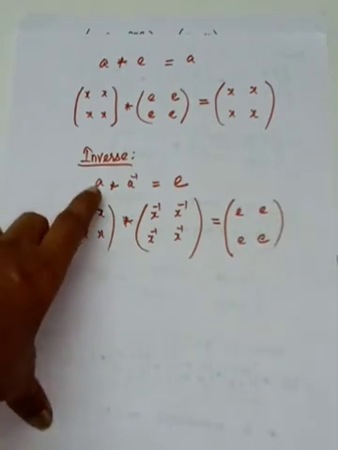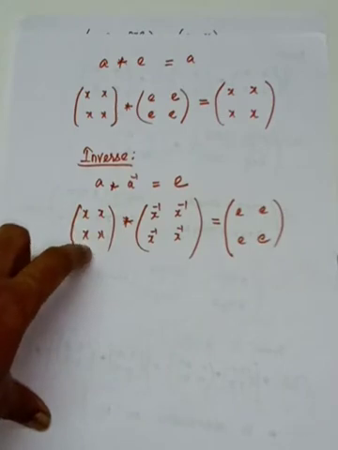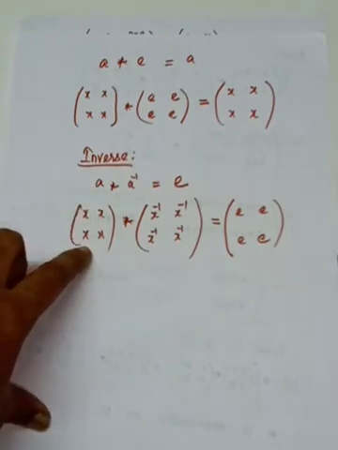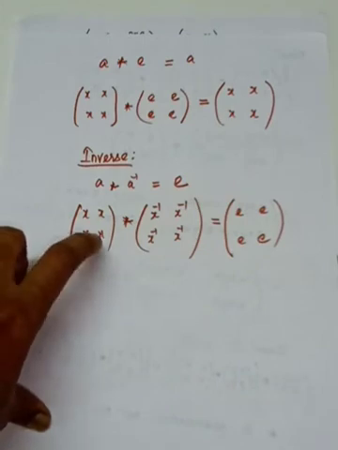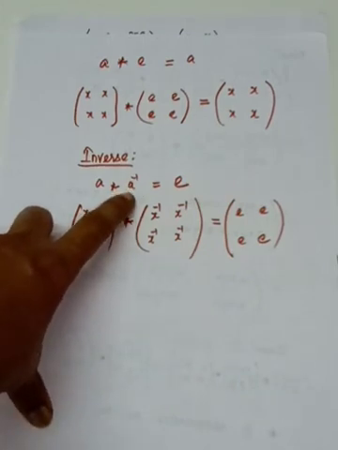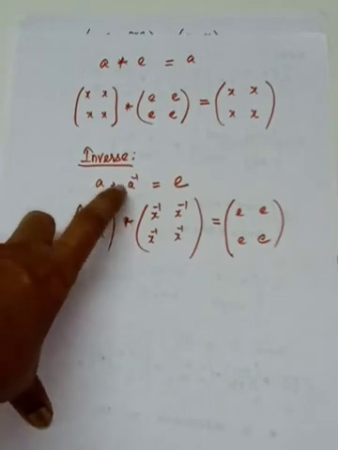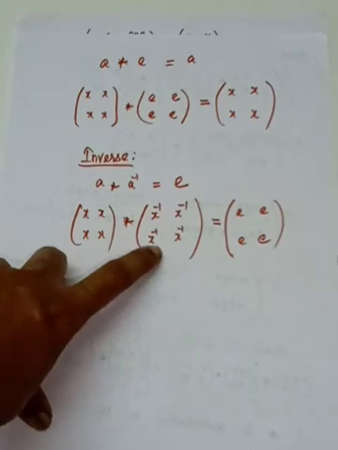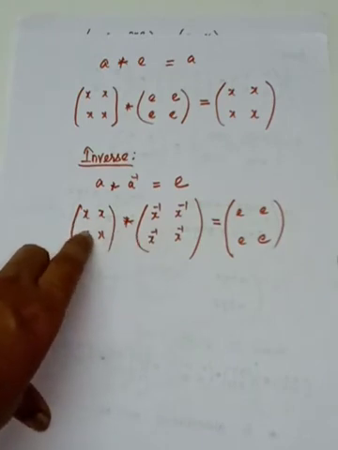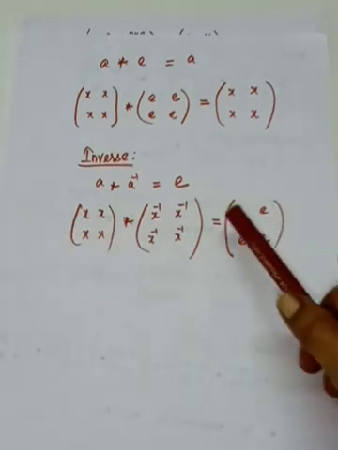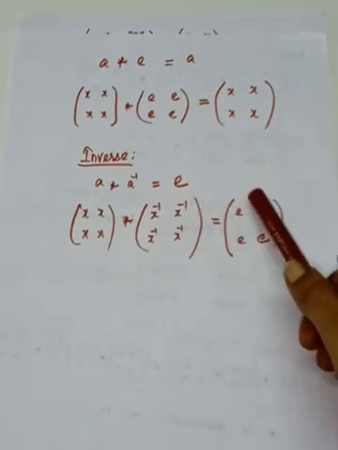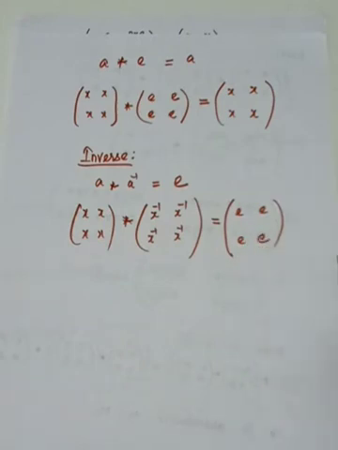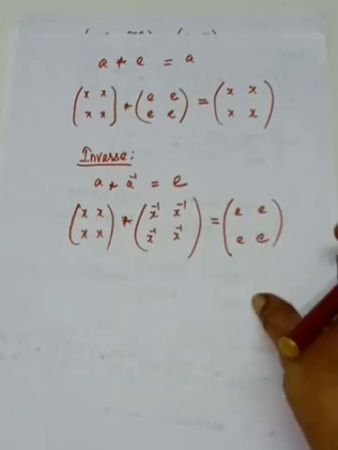See that? Here your entry is a matrix. So instead of A, I have taken a 2 by 2 matrix having all the entries the same. And here A inverse is the inverse element of A. So I have considered a matrix, and this is the inverse of this matrix. So e is equal to what? It's the identity element, so it is the identity matrix, that is e, e, e, e.